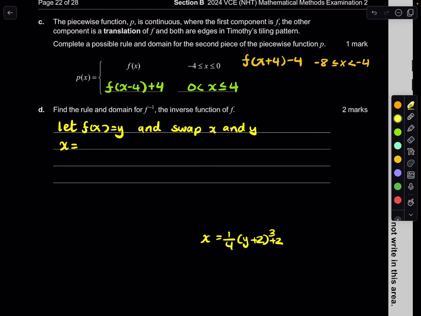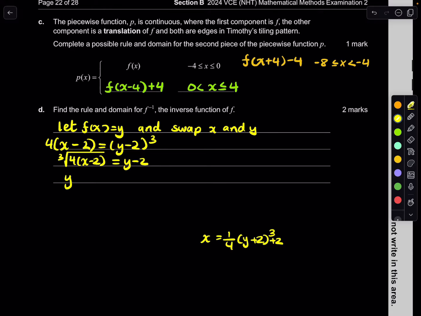And so we solve for y now. You minus 2 on both sides, times on both sides by 4, and you're left with y minus 2 cubed. Cube root both sides, so you basically get cube root of 4x minus 2 is equal to y minus 2.